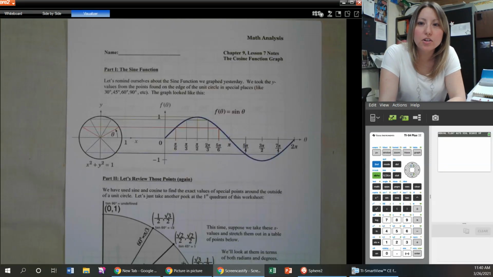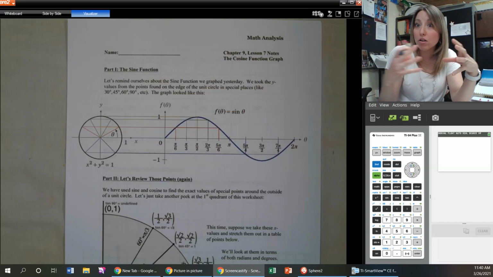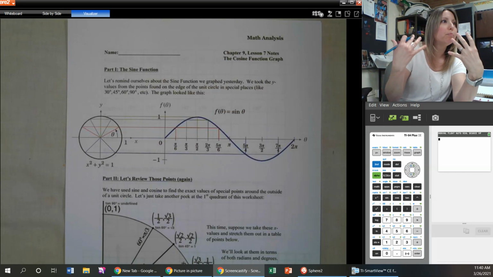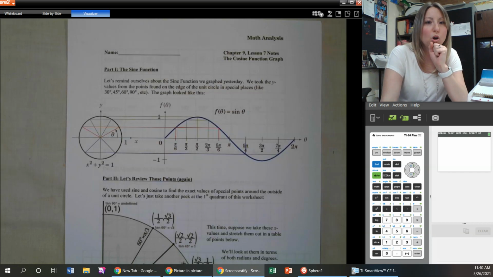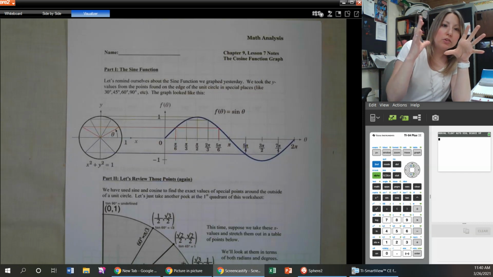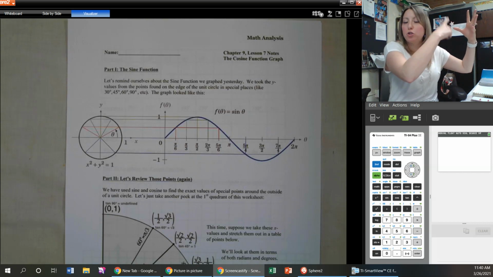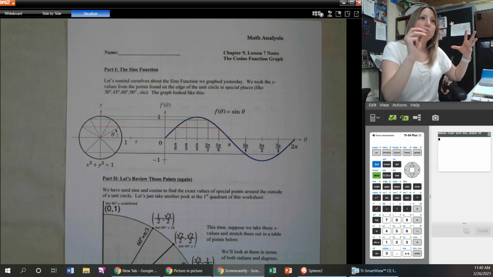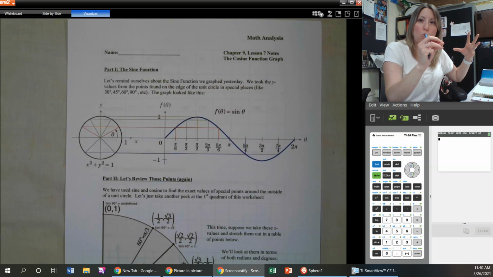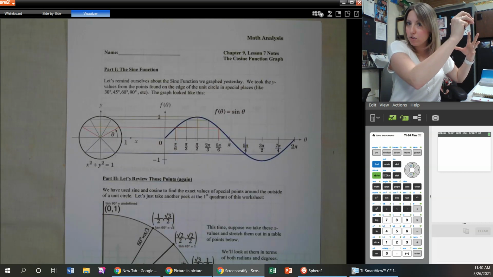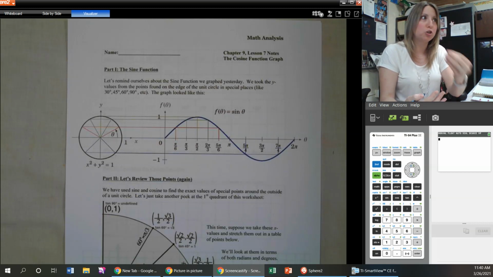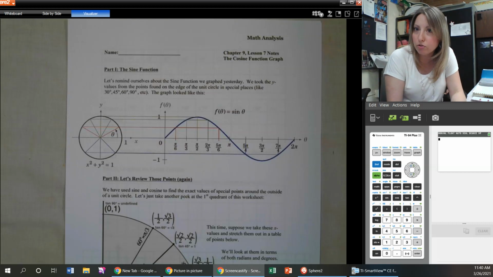Math analyzers, let's chat a little bit about the sine function that we talked about and unraveled from the unit circle yesterday. What we did was we picked those specific coordinate points around the outside of the unit circle that matched up with our special angles from our special right triangles.